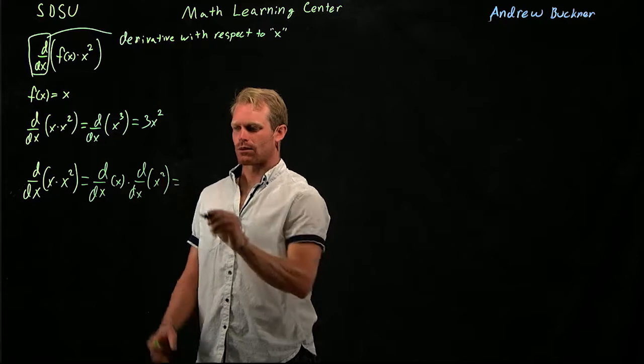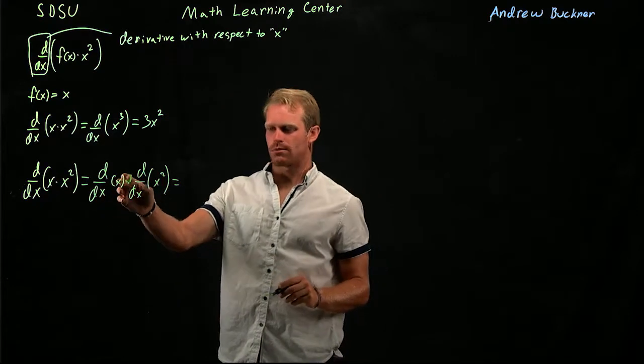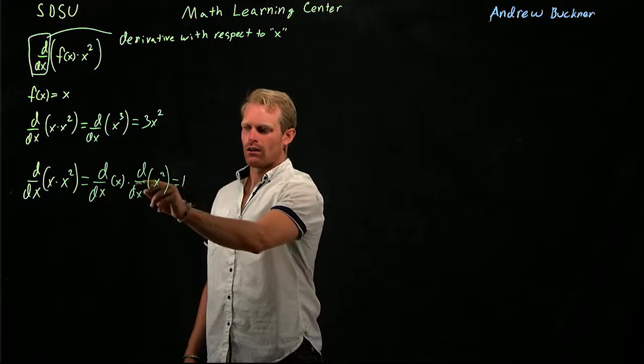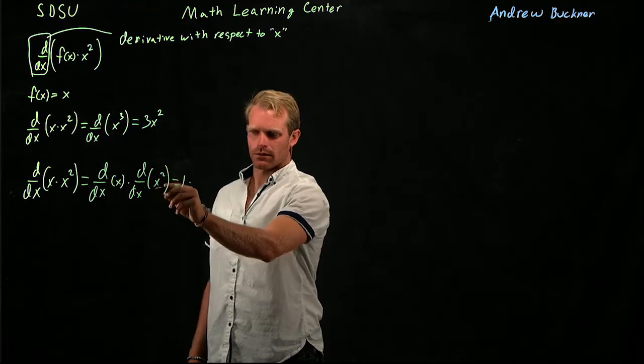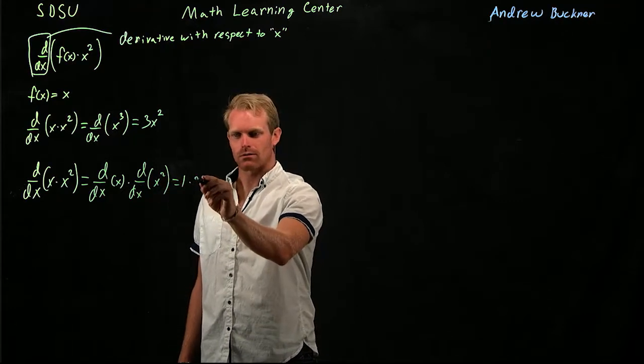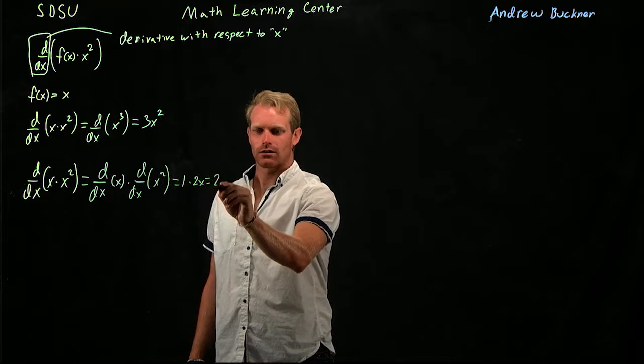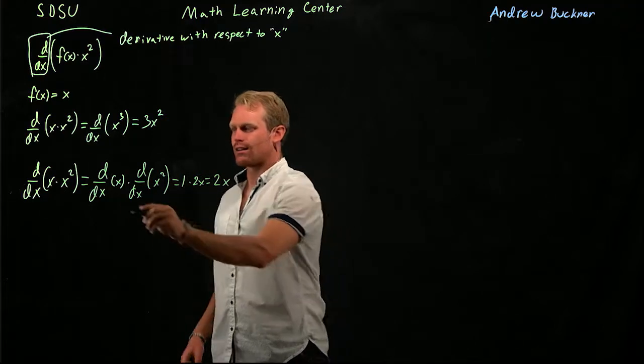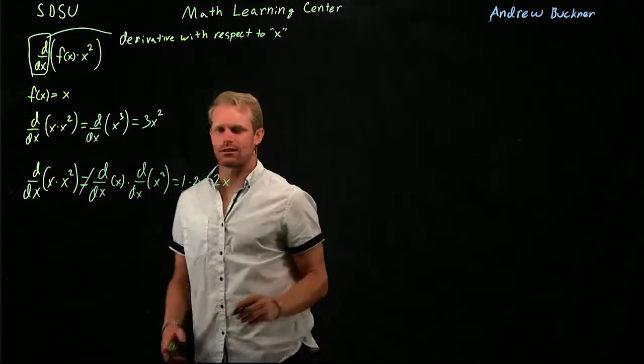So when I take the derivative with respect to x, I'm going to get 1, and I'm going to multiply it by the derivative with respect to x of x squared, which gives me the 2x, and then I get the 2x as my answer. And we see how that is incorrect.